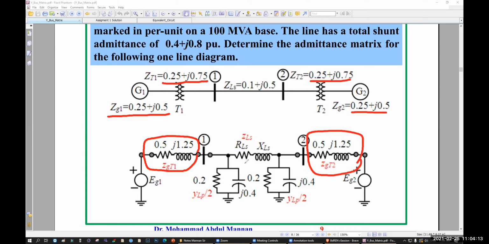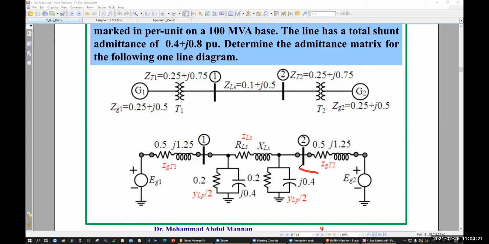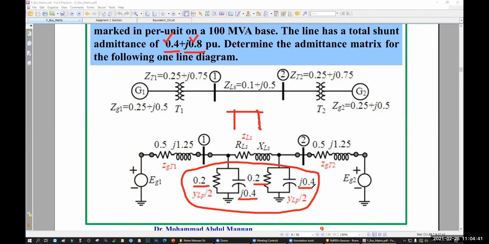This one is your line, 0.1 and j0.05. And this part is your shunt admittance. Since you are using the pi model, this will be half and this will be half, so j0.4 and j0.4. Pretty simple.